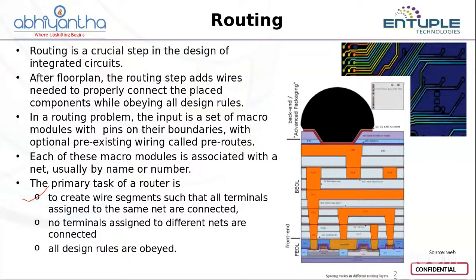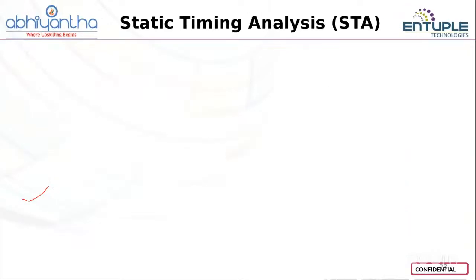Designs at 5 nanometer will have up to 15 metal layers, so that much fine accuracy and fine tuning of routing will happen. While doing this routing process, all the layers you need to route properly. That is the main concept of routing.